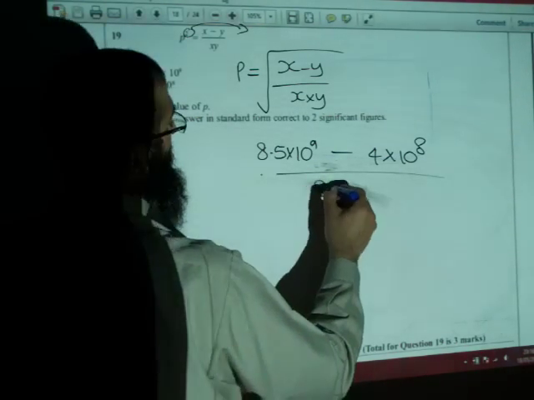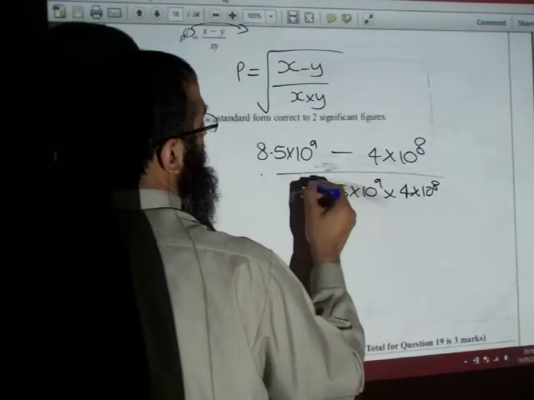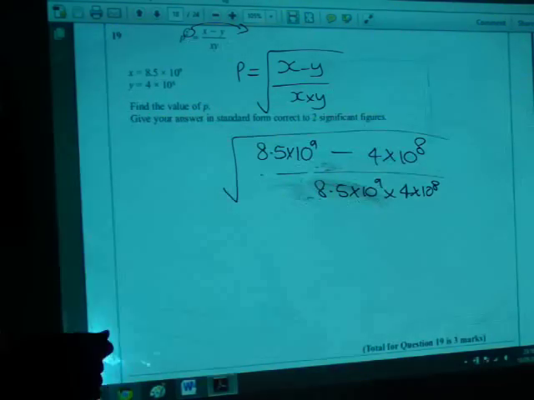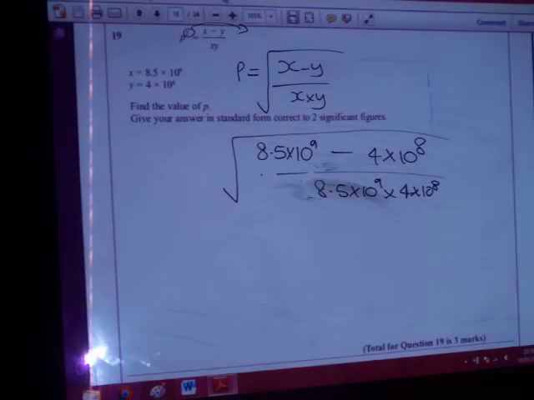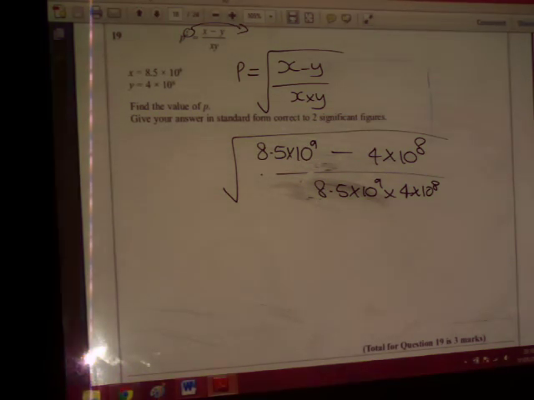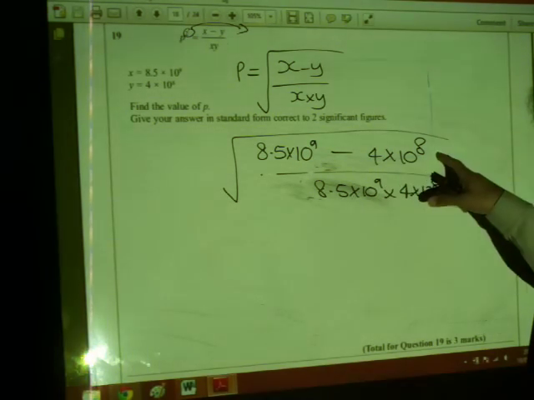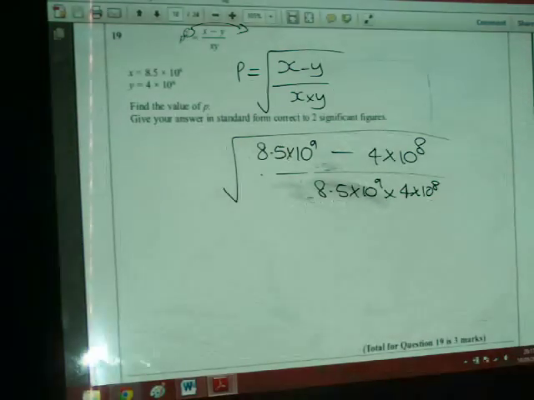So the x value will be... You need to enter this into your calculators. First we use the fraction button, then enter this, use the replay button, and then square root it. Let's see what you get. I'm going to try as well.